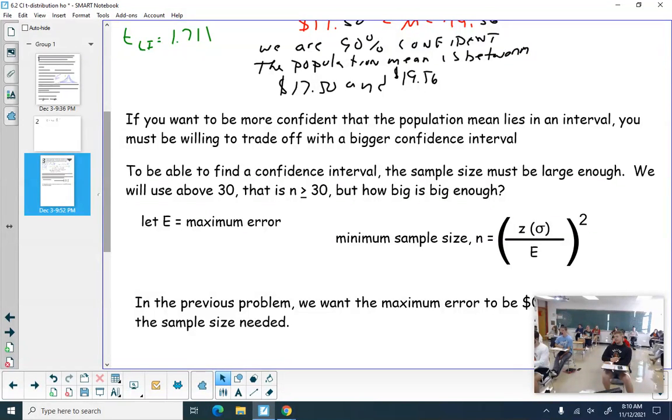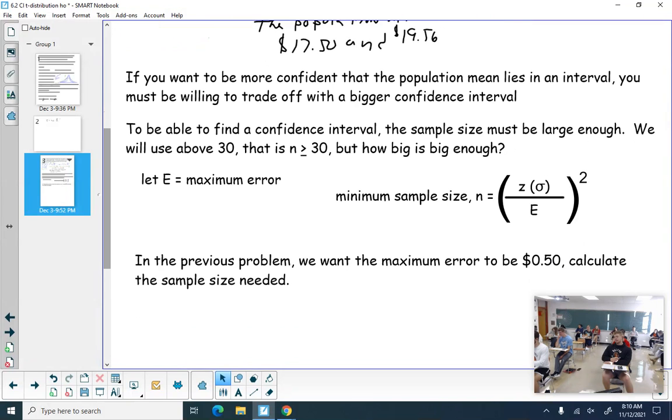If you're given a maximum error that you want with your problem, once again, your maximum error is your mean plus or minus this error that you're talking about here.